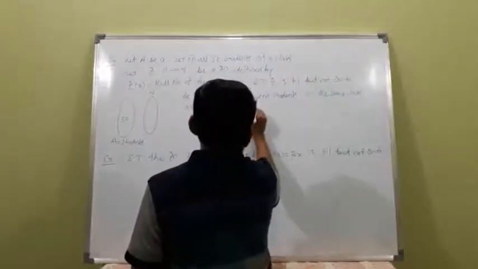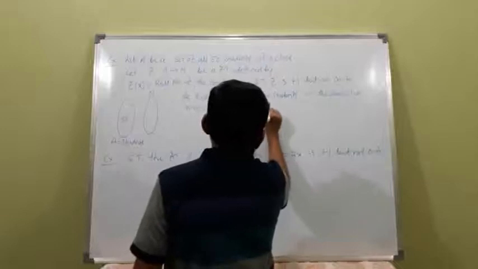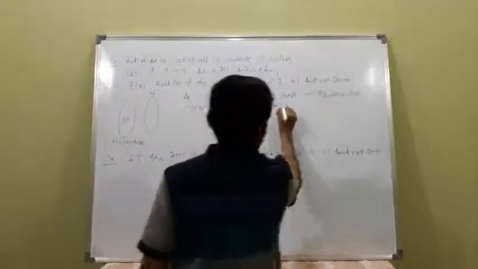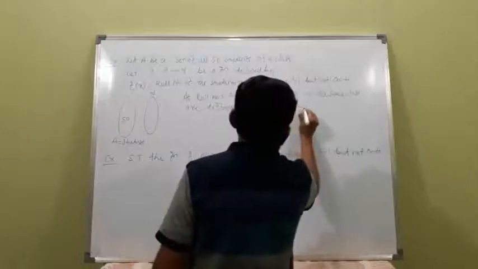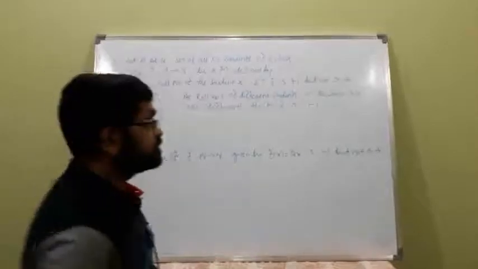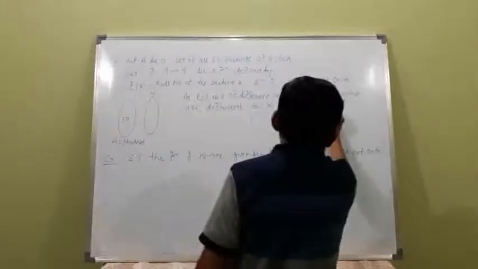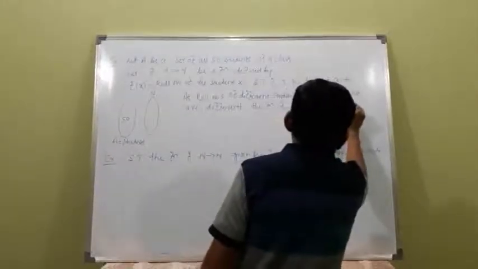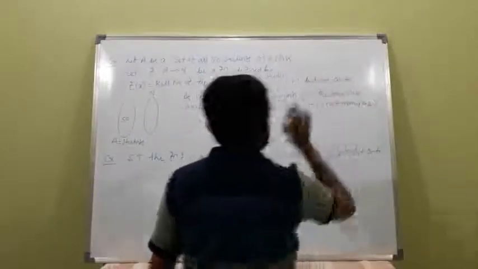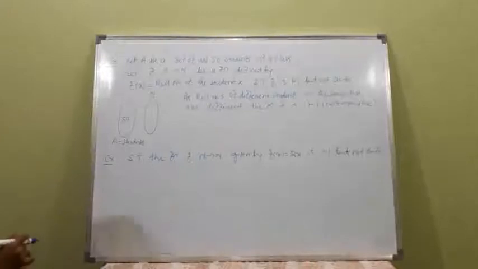So the function f is what? f is 1-to-1, not many one. Okay, 1-to-1 is important. If you write that much, it is enough.